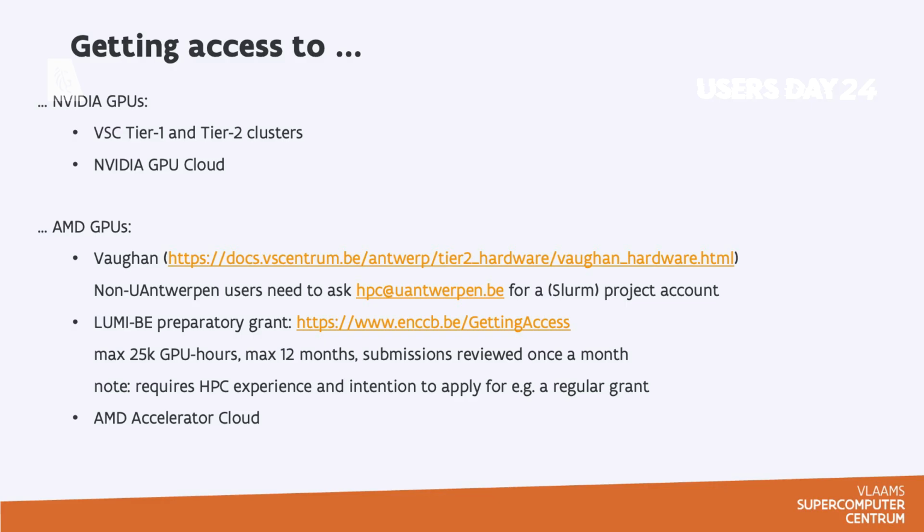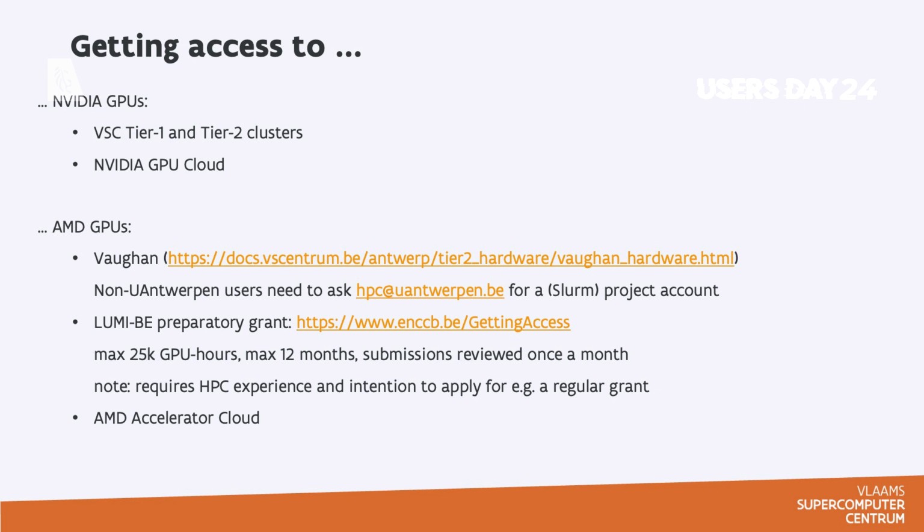So if you want to get your hands on any of these devices, again, for NVIDIA, you probably already know the story, Tier 1 and Tier 2 at the VSC. There's also NVIDIA GPU clouds, which might, for example, be used if you subscribe to trainings from NVIDIA, but it could be that you could also get access to GPU devices there.